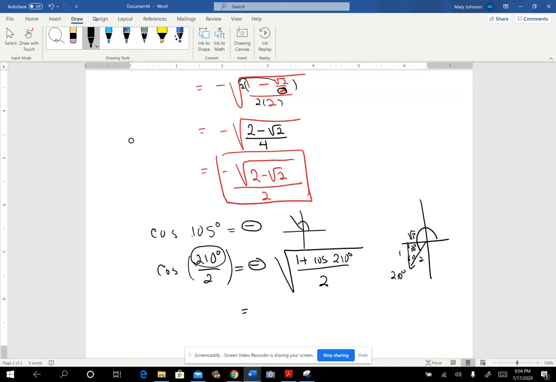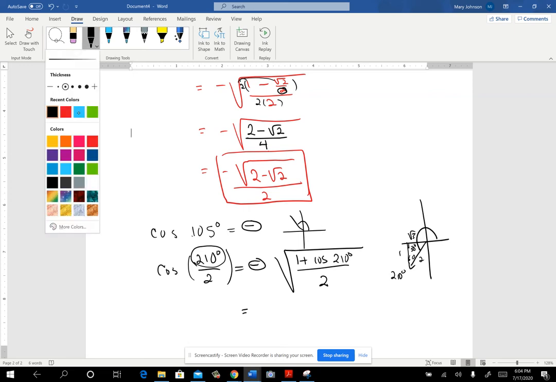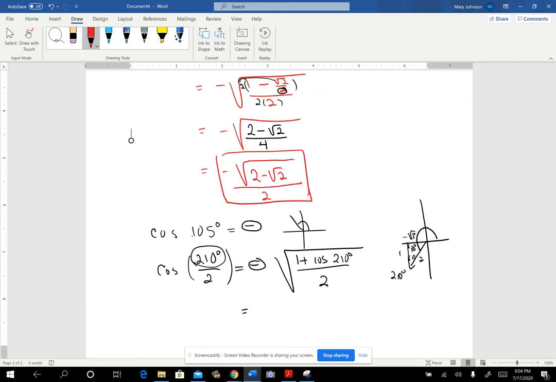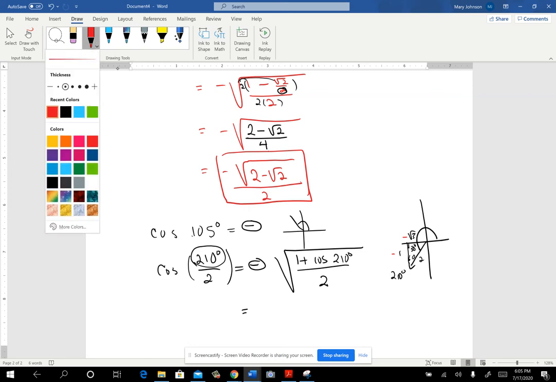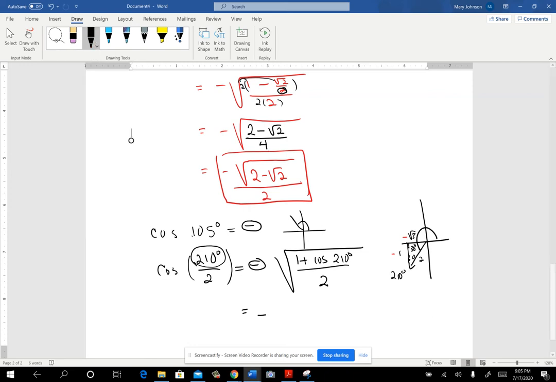And then I like to think about the quadrant I'm in and go ahead and put the signs that I would have. So since this is to the left, it would be negative square root of 3. And since this is down, it would be negative on the 1. Okay. So let's see how that affects things. So this is going to be negative square root of 1.